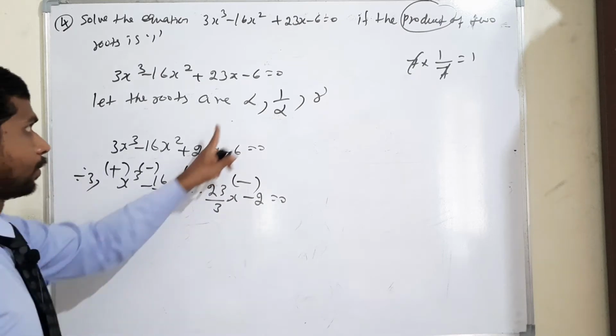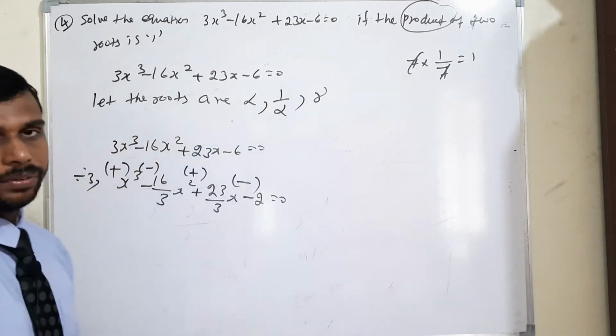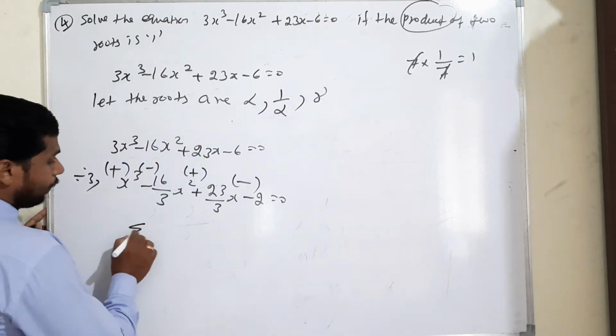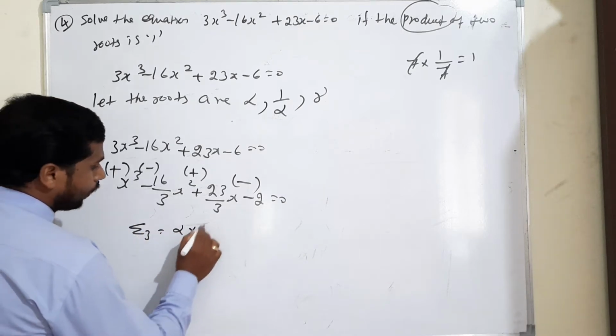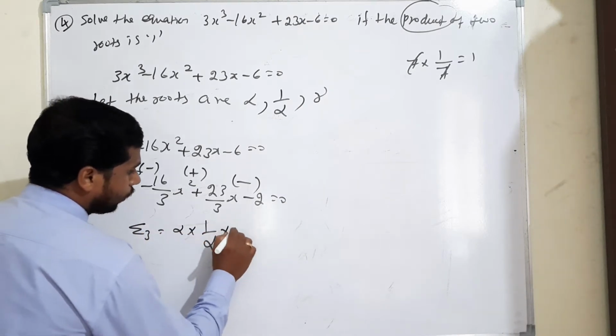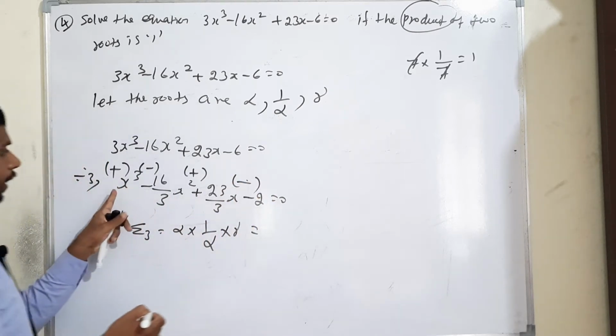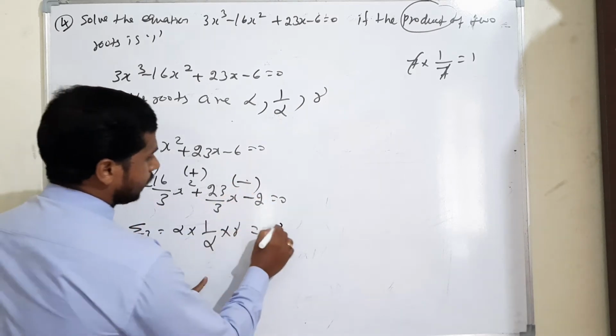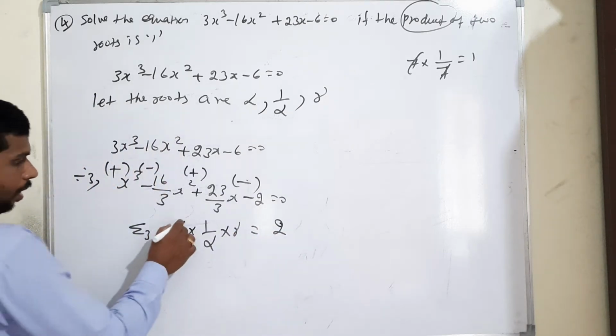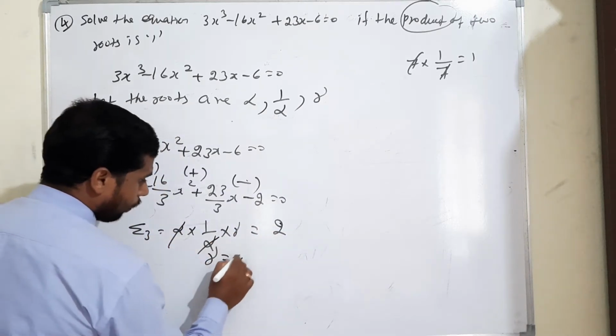Now the product of the three roots is alpha into 1 by alpha into gamma, which equals minus into minus of the constant term, since the leading coefficient is 1, so plus 2. Alpha cancels, so gamma is equal to 2.